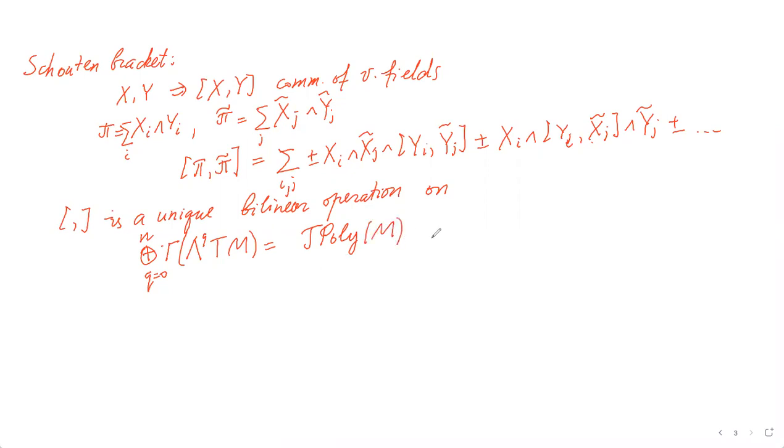So what you get is a natural bracket, a unique bilinear operation on this space, which verifies a few natural conditions. First, the bracket on fields is just a commutator. Second, it satisfies the graded Leibniz rule.